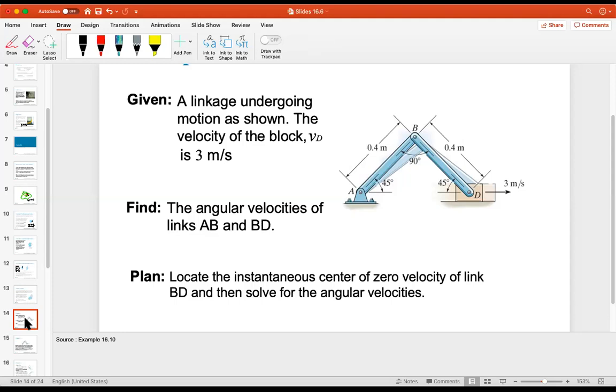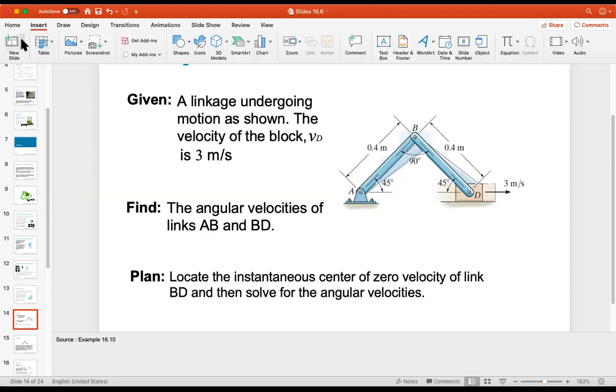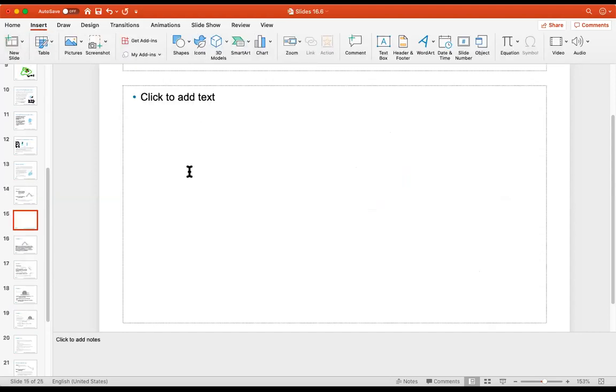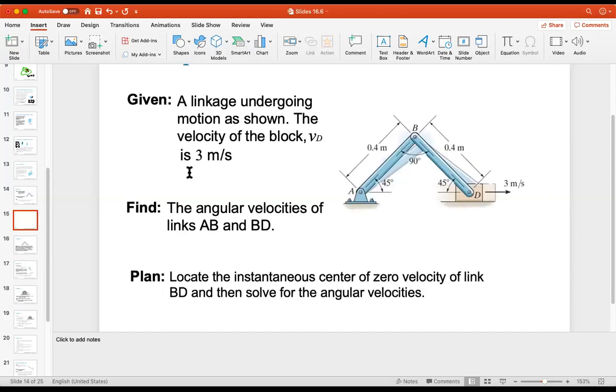I'm going to insert a new slide and work through the example there. All right, so let's go back one just so you can see.